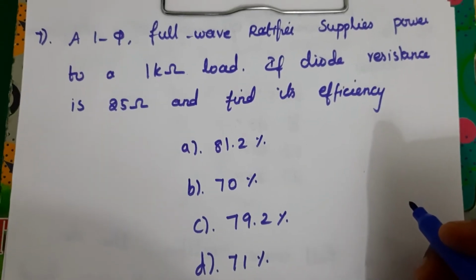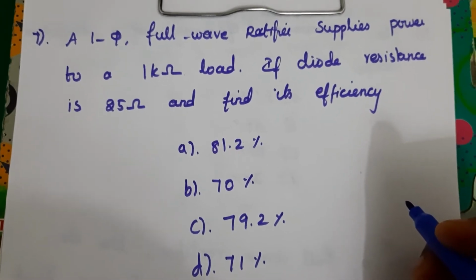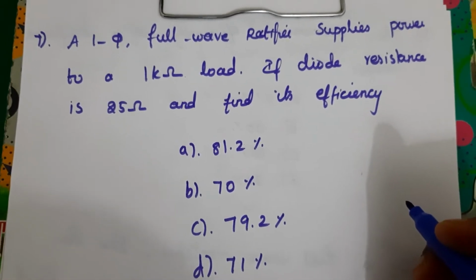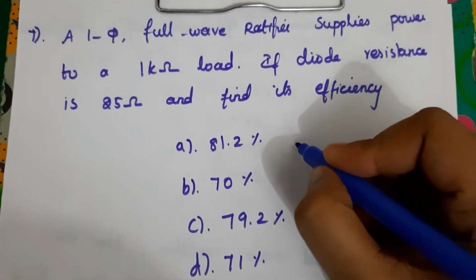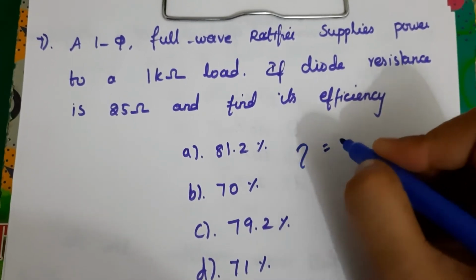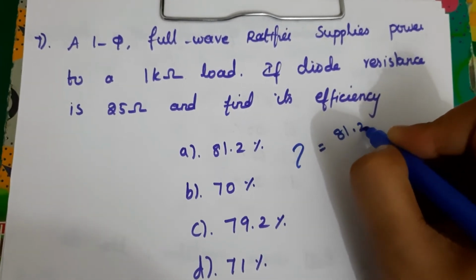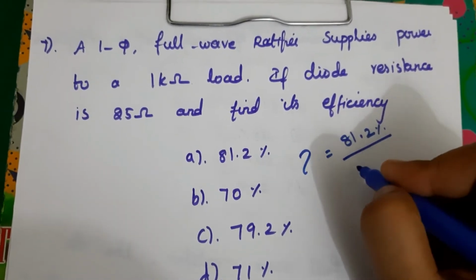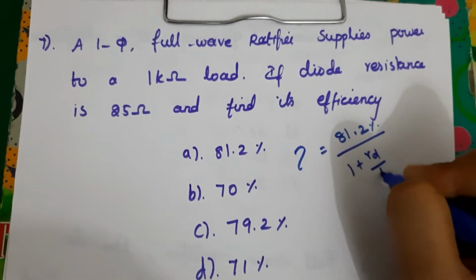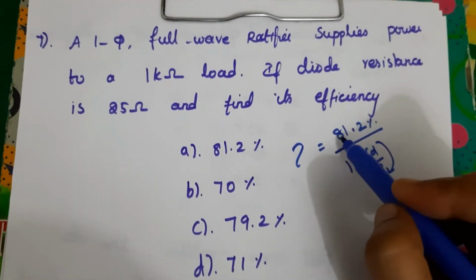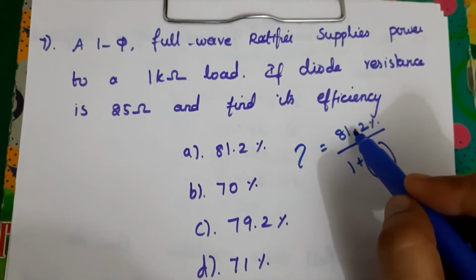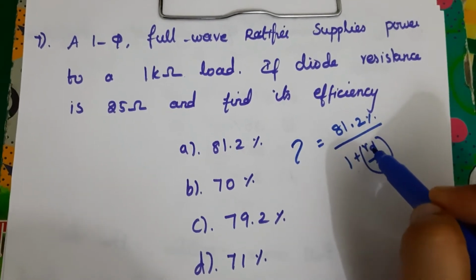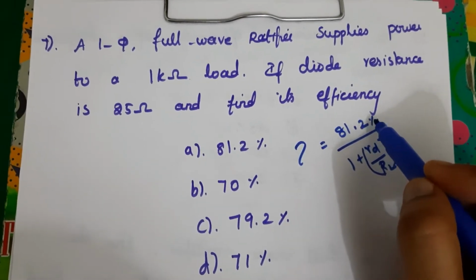Seventh question, a single phase full wave rectifier supplies power to a 1 kilo ohm load. If diode resistance is 25 ohm, find its efficiency. We know the formula, efficiency is equal to 81.2% divided by 1 plus RD divided by RL, and this is for full wave rectifier. This efficiency is always less than 81.2 because we have some values here, which automatically reduce the 81.2 value.